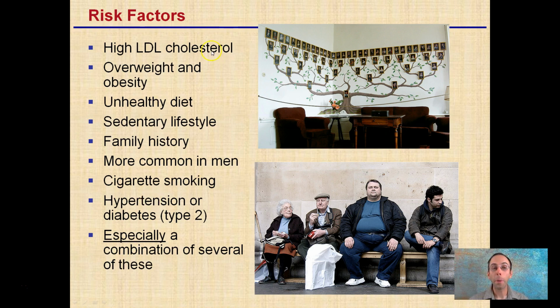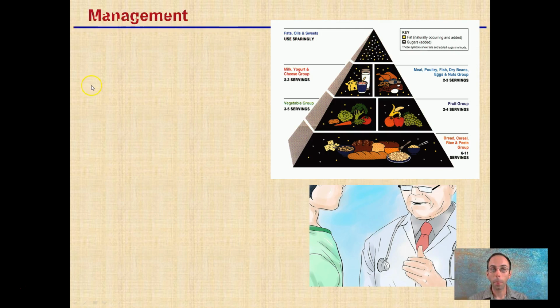And especially if you have a combination of these factors, it can really increase the odds of you having a cholesterol problem. So if you have a family history and a sedentary lifestyle and an unhealthy diet, that can really help contribute to you developing this high cholesterol and negative effects seen by the body.